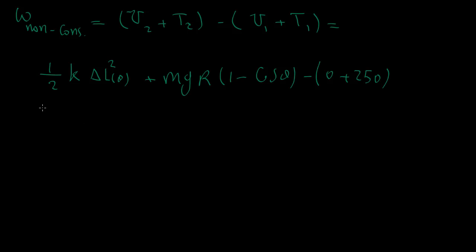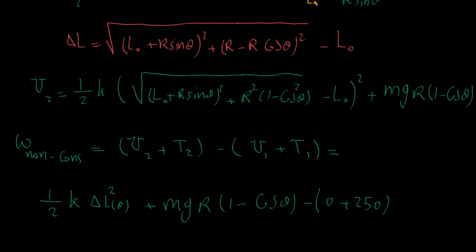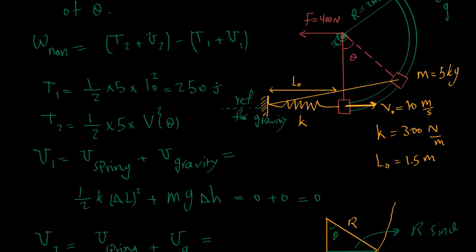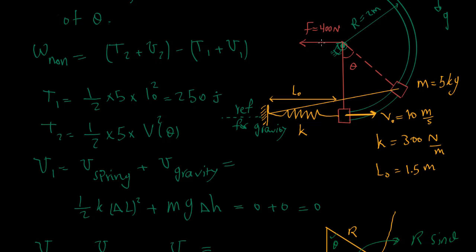So now we have to calculate the work of the non-conservative forces. And here it's very easy to calculate the force, because you can see here that the 400 Newton is just the tension in the string. And because this string is always going toward the center of this semicircle, the string would always be normal to the tangent of the semicircle.